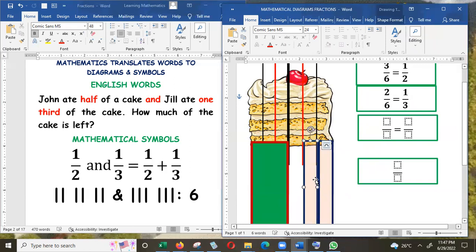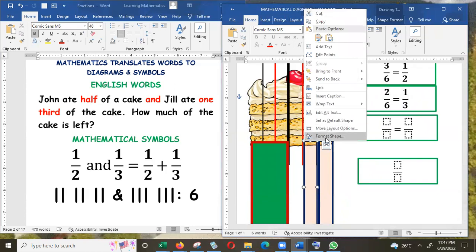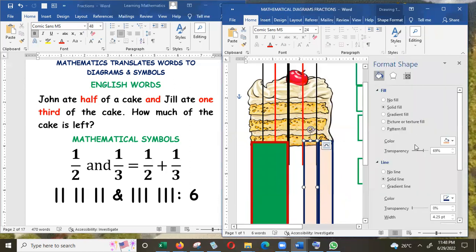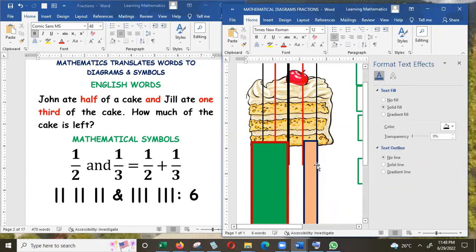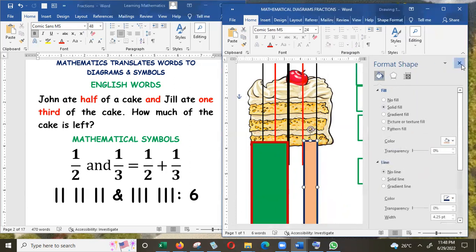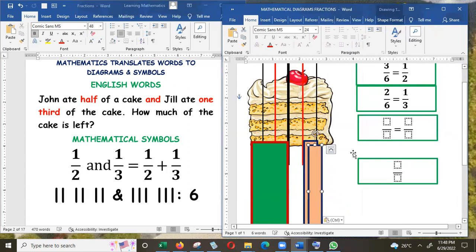Okay, we can even make this bold, non-transparent. Right.